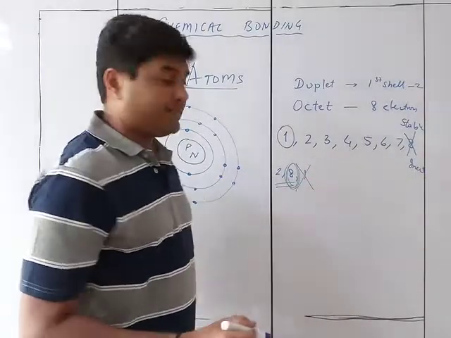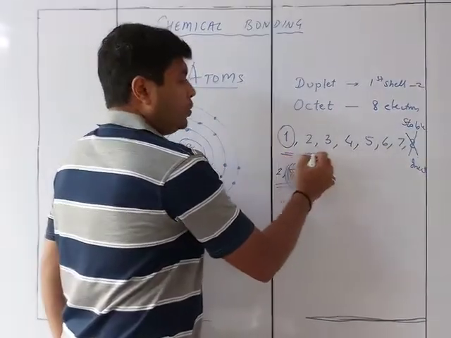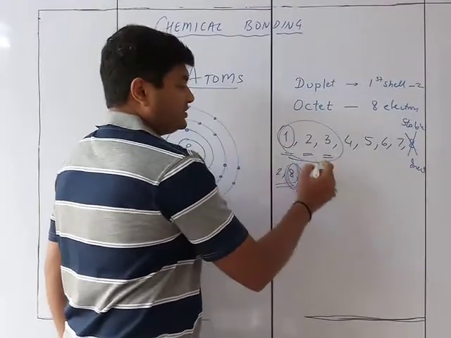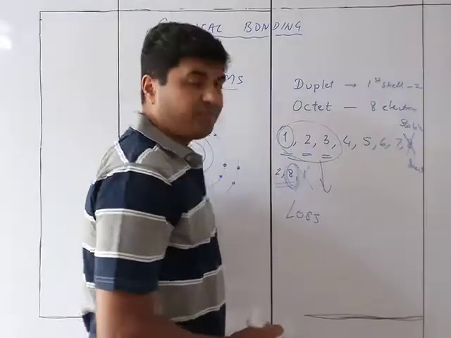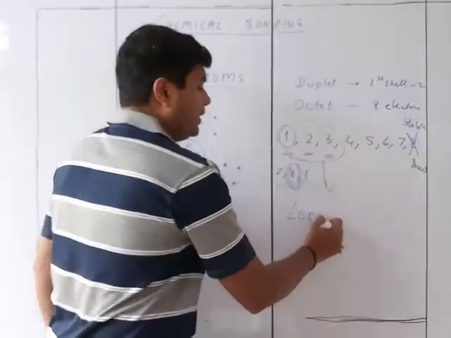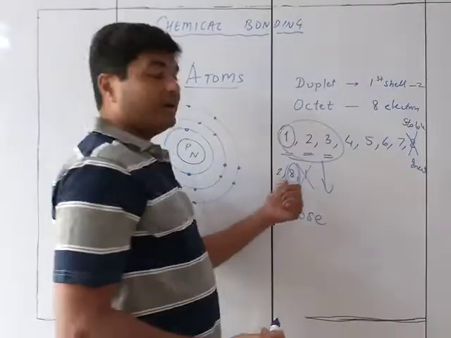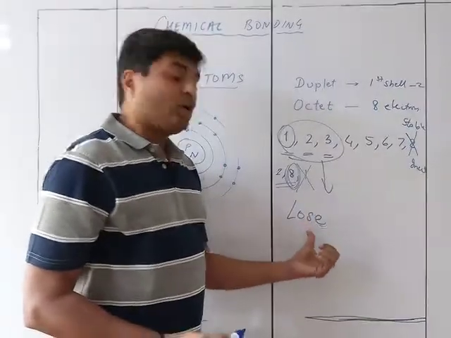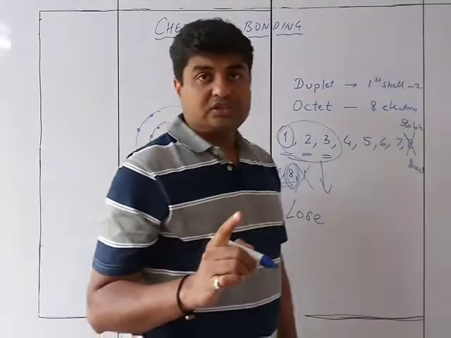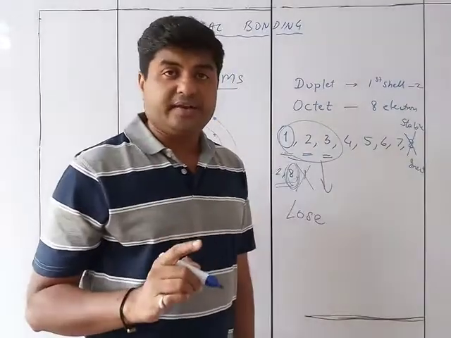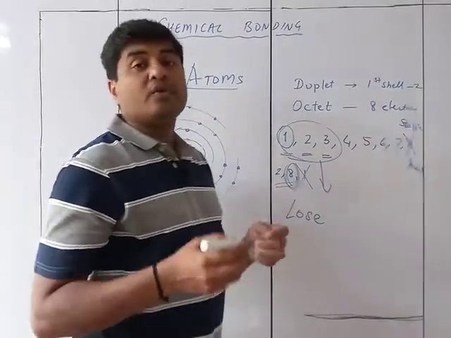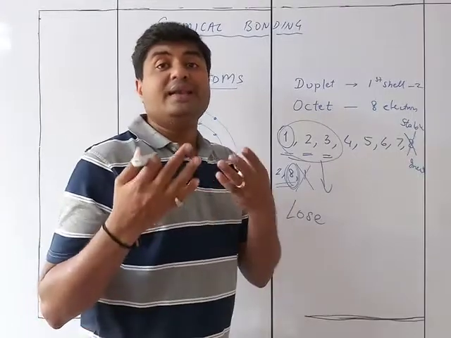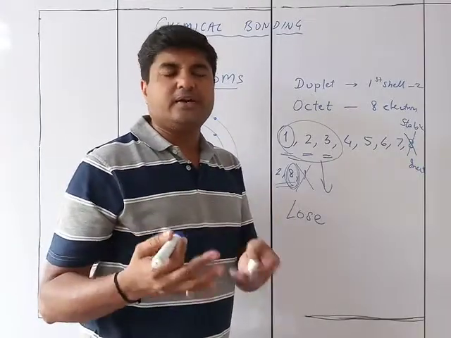So that is the reason 1, 2 and 3, these ones will lose electrons. There will be loss of electrons. They will lose electrons so that they become stable. Because they are losing electrons, they are electropositive in nature, and they are the ones which are going to form a positively charged particle.